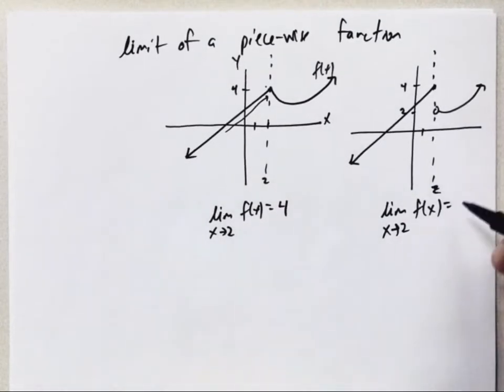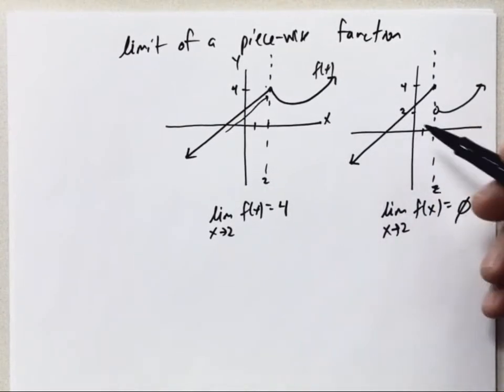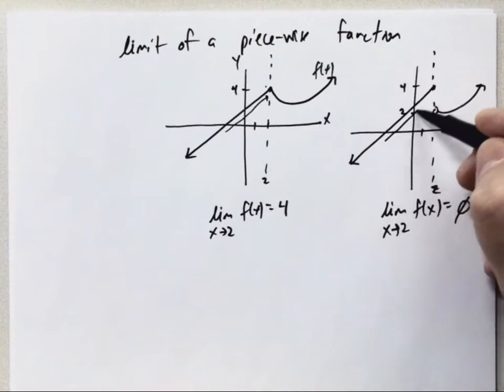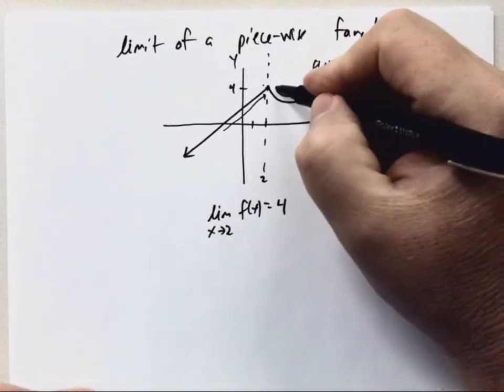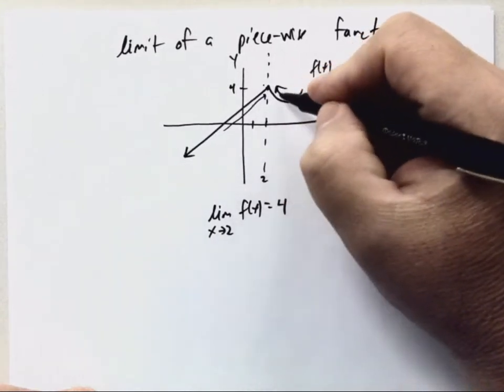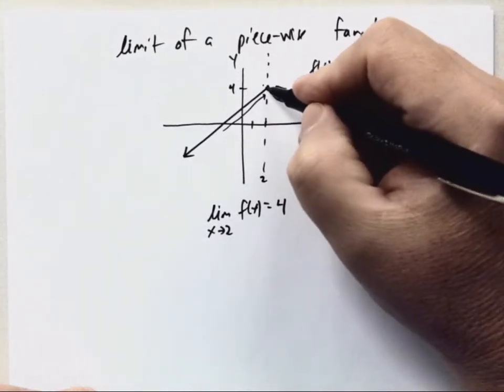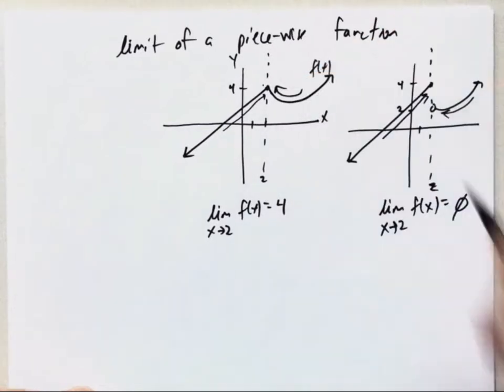It's 4 and 2. So you say it's undefined, which makes sense when you look at the picture. You're coming like this, and you're coming like this. They're not approaching a common point for the function. Whereas in this one, even though the graph is like 2 pieces, right here, they're still approaching the same point.